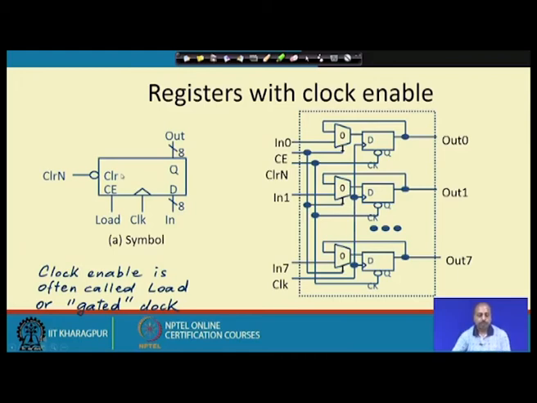In this particular case, we do not have the tri-state buffering shown here. There can be an OE bar control, an output enable control, in the general case. So, normally in a register we will have the clock input, the clear input, the load input and the OE bar, the output enable line. All those lines can be there.